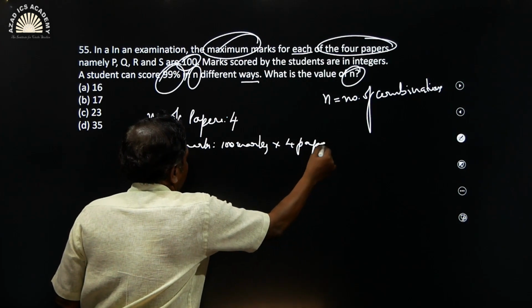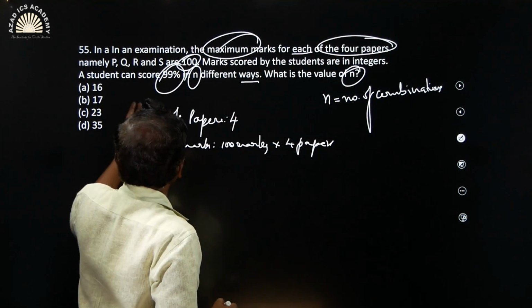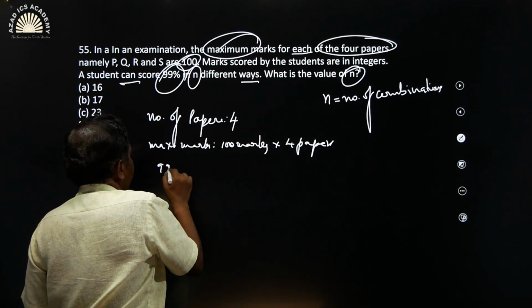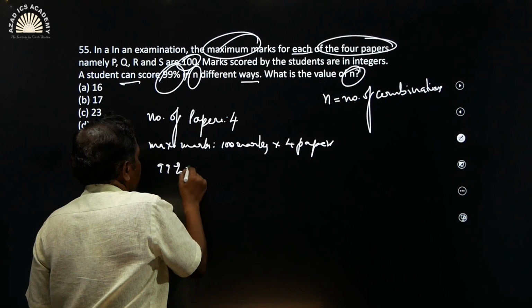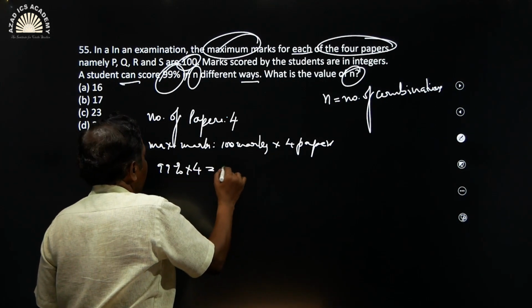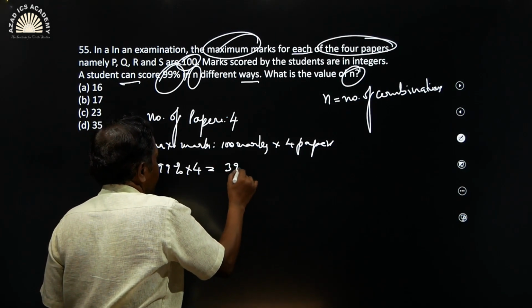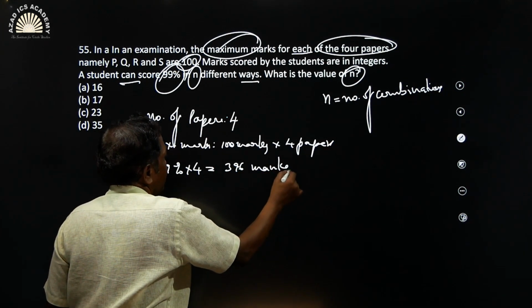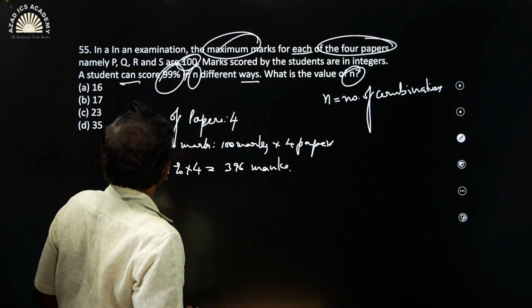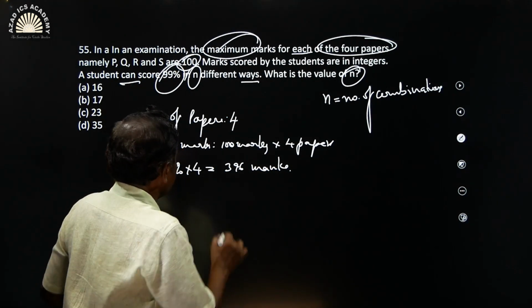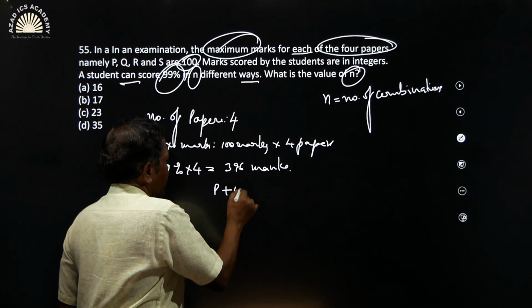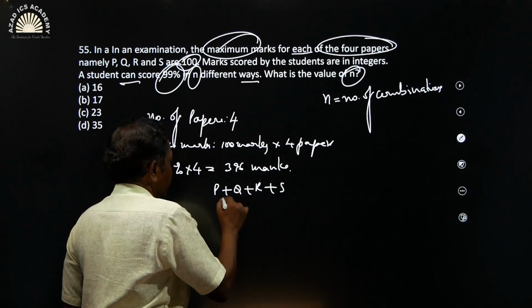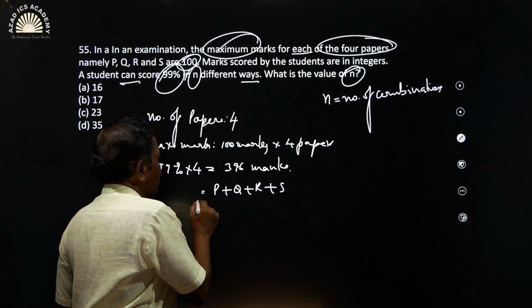A student can score 99%, so 99% of 400 means 396 marks can be scored in total. There are 4 papers, P plus Q plus R plus S, and the total is 396.